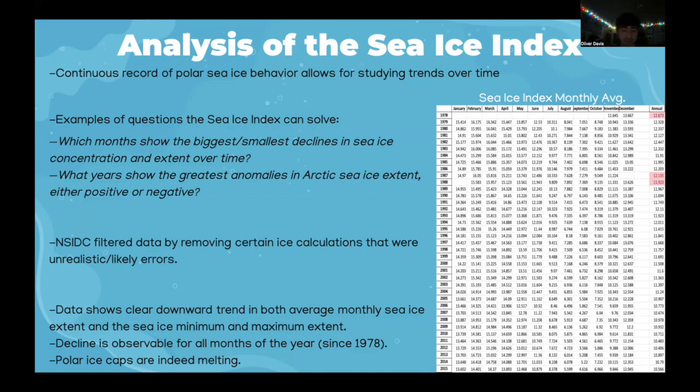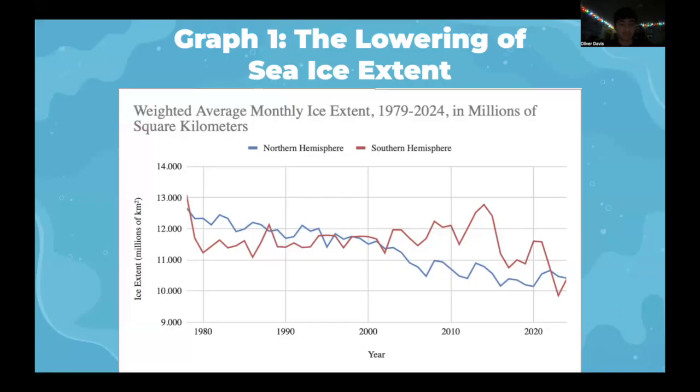The data set shows across all months of the year since 1978 a clear downward trend in both average monthly sea ice extent and the sea ice minimum and maximum extent, which demonstrates that the polar ice caps are indeed melting. So this is my first graph, and it shows the weighted average monthly ice extent covering the years 1979 to 2024. Ice extent basically measures where ice concentration is 15% or greater.